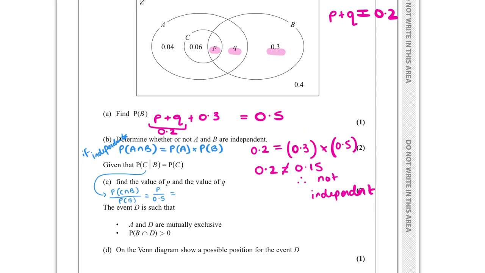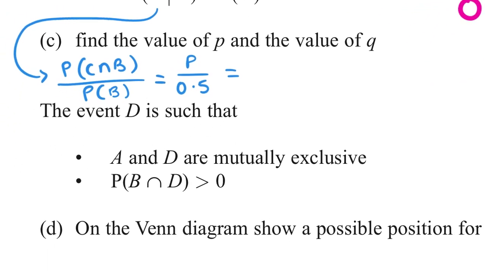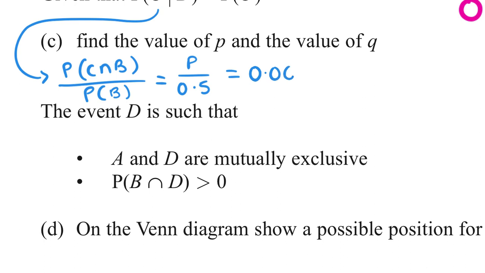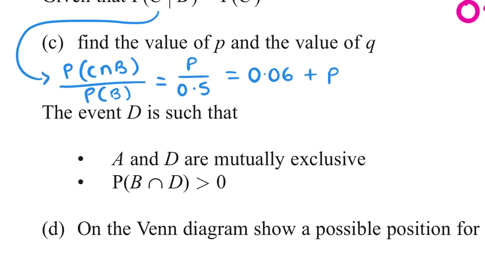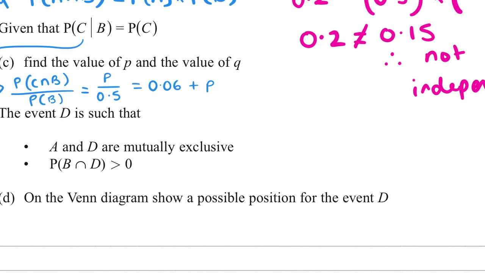Now what is the probability of C? 0.06 plus P. Look at C for us. So we're going to have 0.06 plus P. So what am I now going to do? Multiply both sides, expand, simplify.